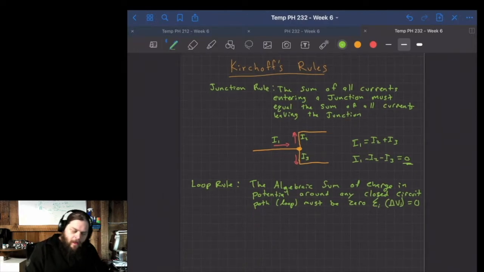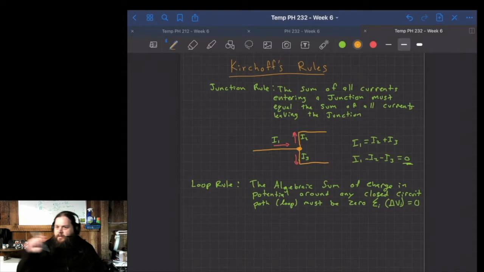And what this basically means is for every positive voltage you have, every electromotive force, every voltage supply, which is usually a positive voltage, you can then calculate and go around any loop. And every time you hit a resistor or some load on the circuit, we can find the voltage drop across that resistor.